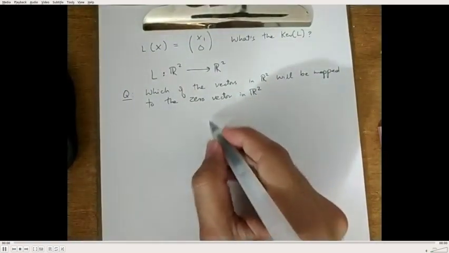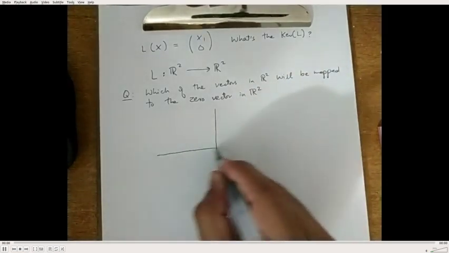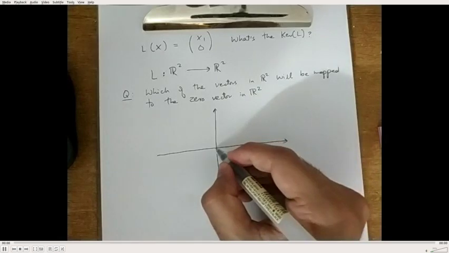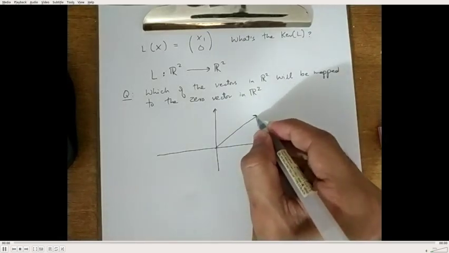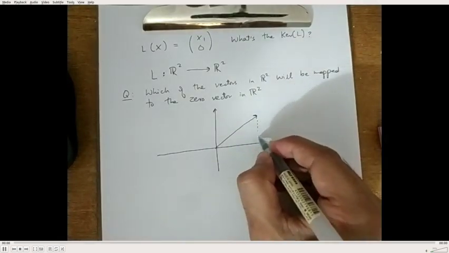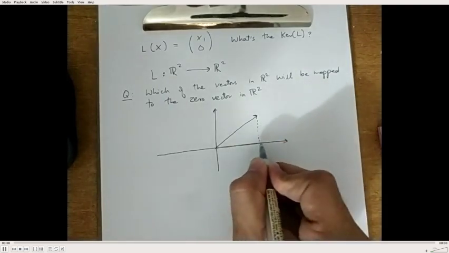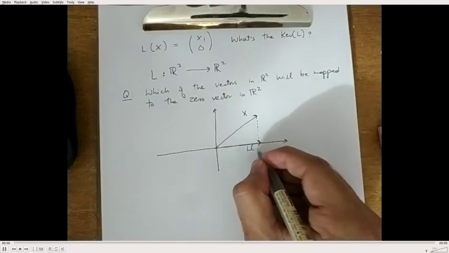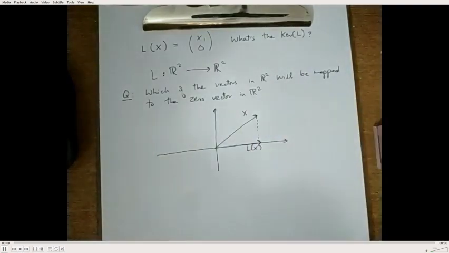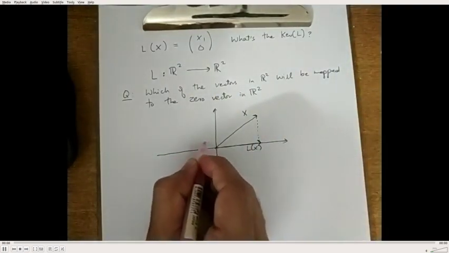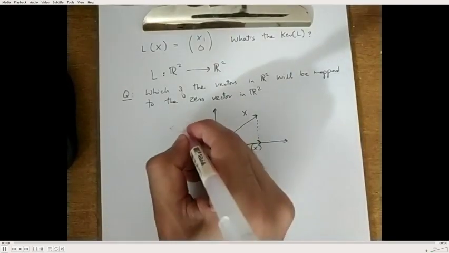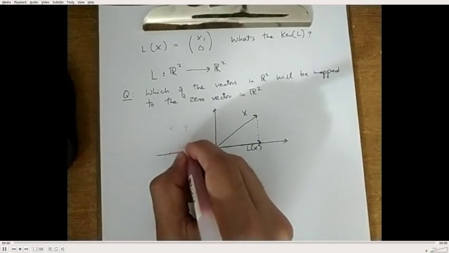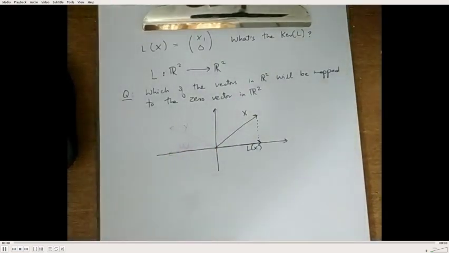Now if you recall, what this transformation was doing is, if you had a vector like this, it was just bringing it down to the horizontal x-axis. So if this was x, this was L of x. If this was y, then this was L of y. This is just a visual representation.